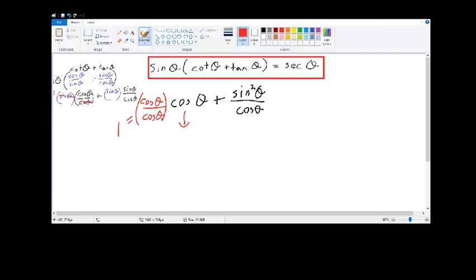So this would then give us cosine theta times cosine theta over cosine. And we are still adding that sine squared over cosine on the right.